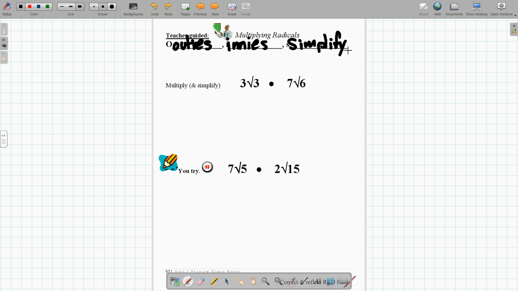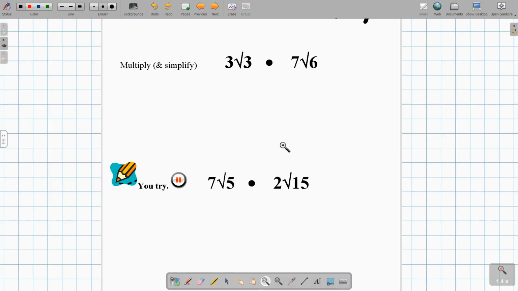Okay, my outies, I can multiply. That's 21. Now my innies, I'm going to continue to factor because I'm going to prime factor that 6 down. So I have a 3, and then that 6 is 3 times 2. Why did I do that? Because now I can see we have a partner and we're going to break out of jail.